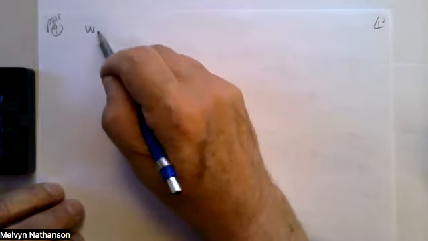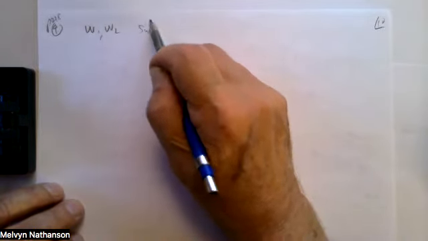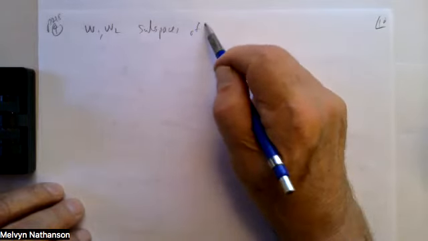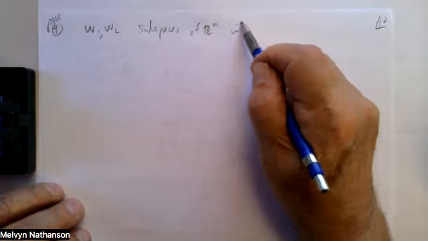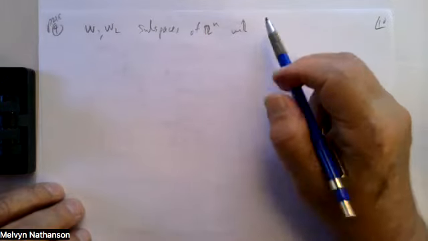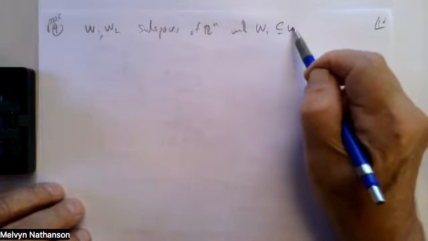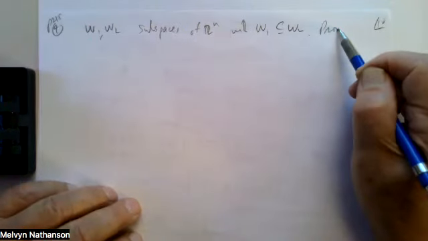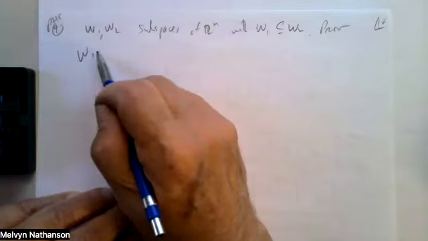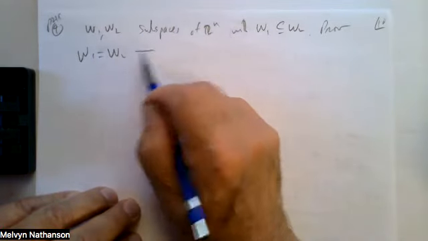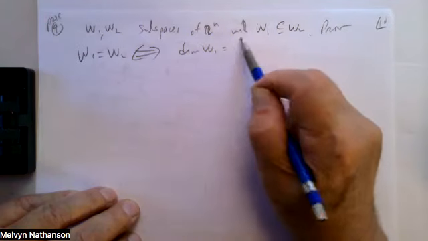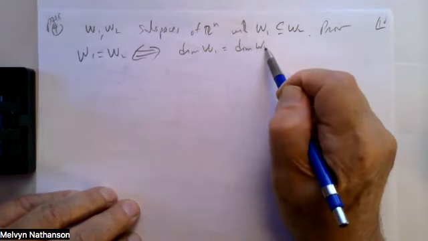So we have W1 and W2 subspaces of Rn with W1 contained in W2. We want to prove that these two subspaces are equal if and only if they have the same dimension.